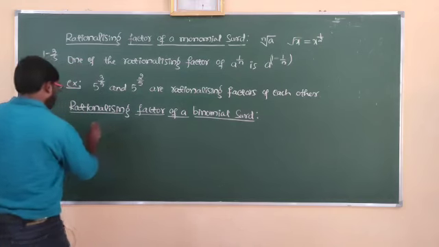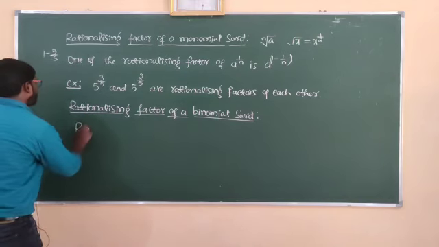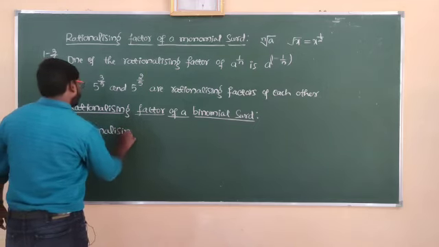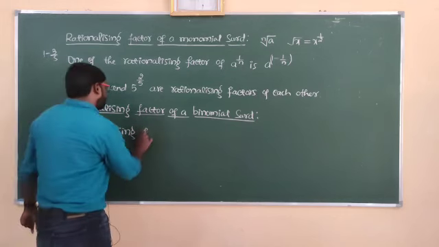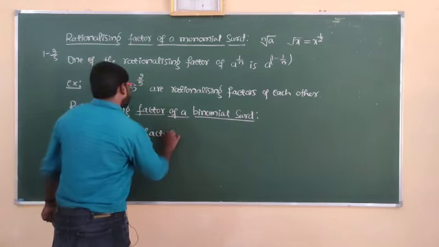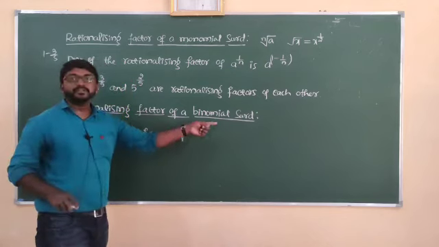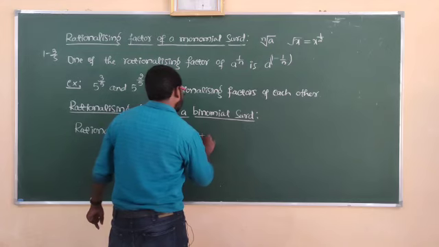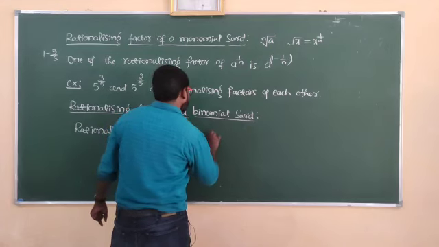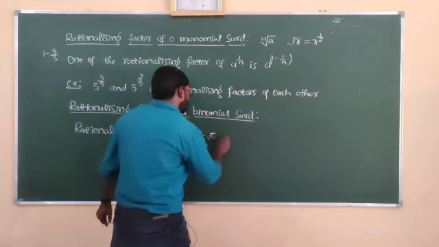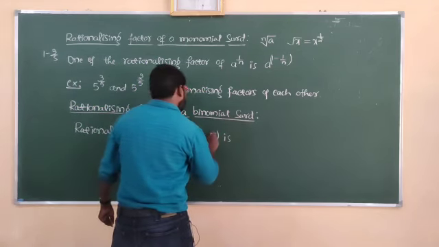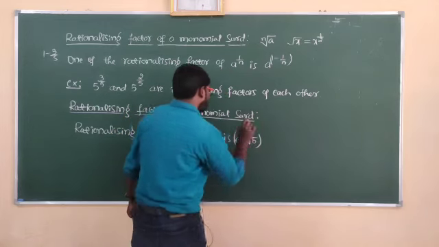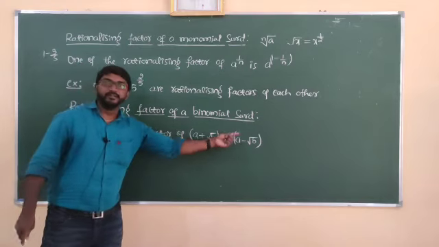The rationalizing factor of a plus root b is a minus root b.